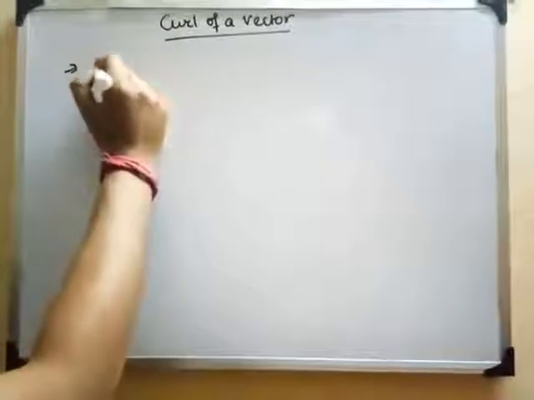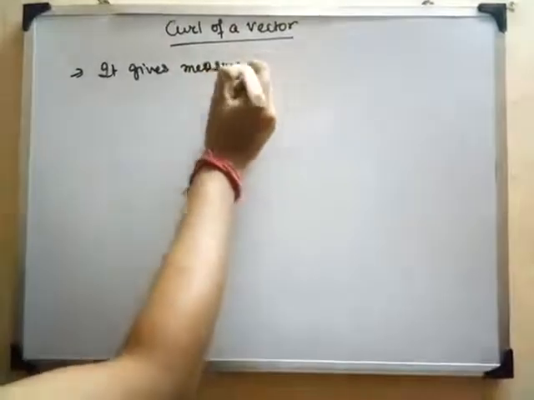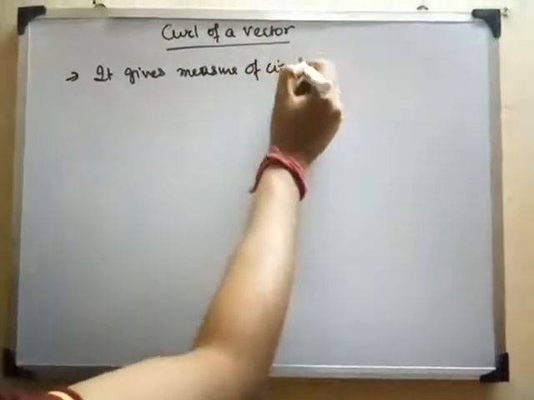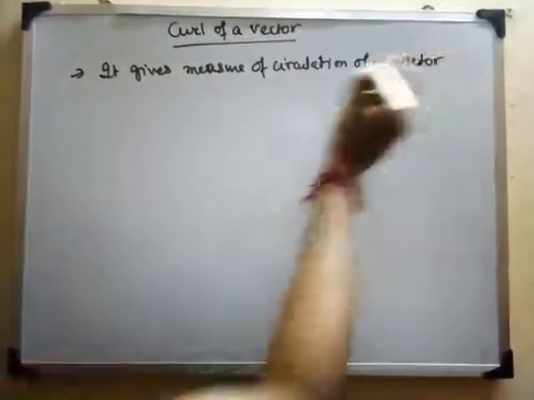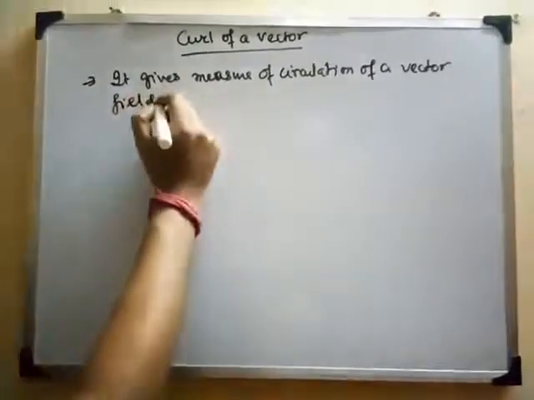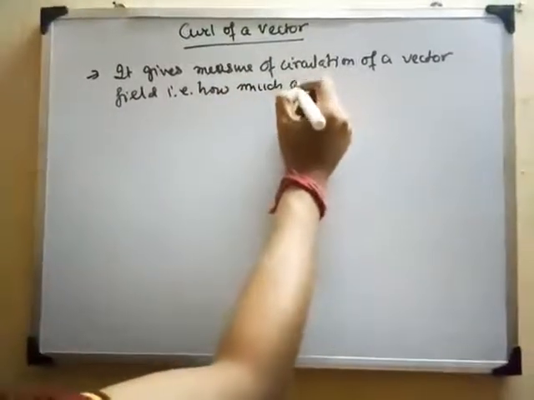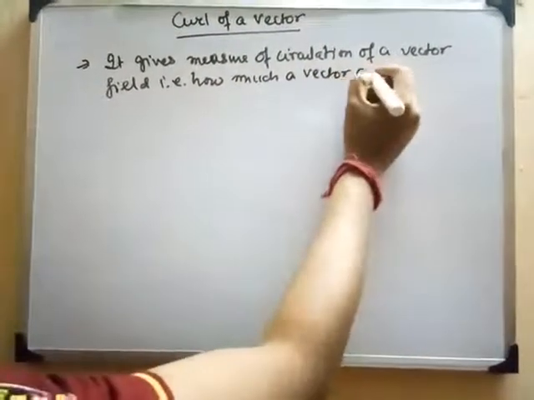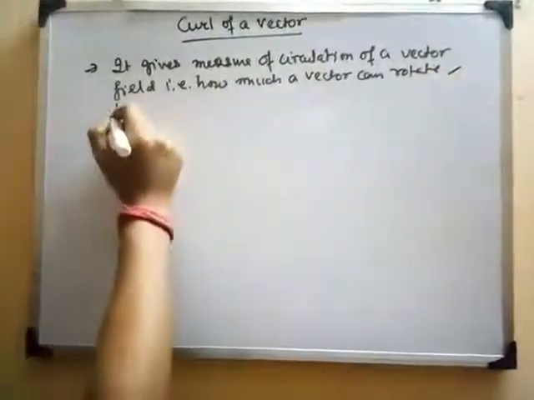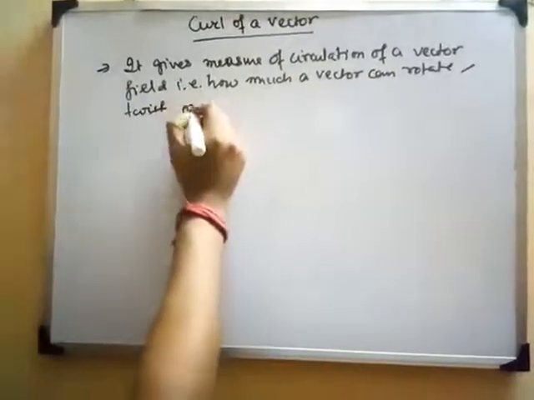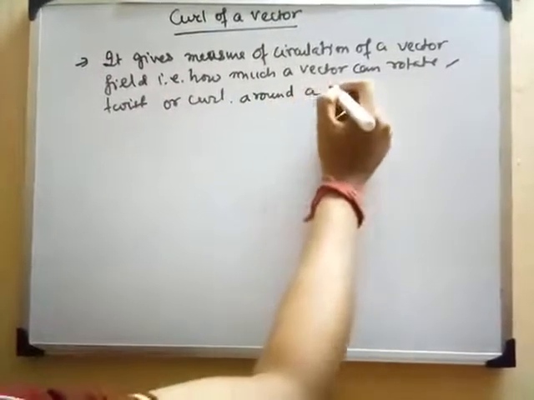Now first, it gives a measure of circulation of a vector field, that is, how much a vector can rotate or twist or curl around a point.